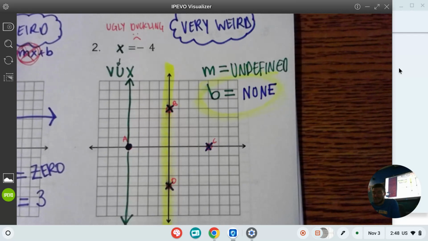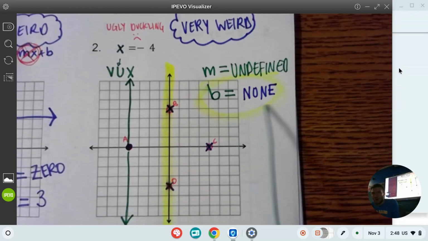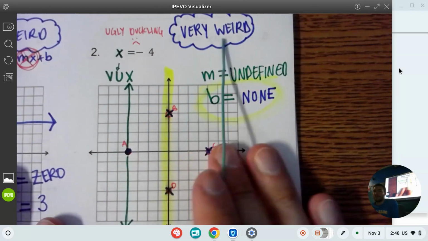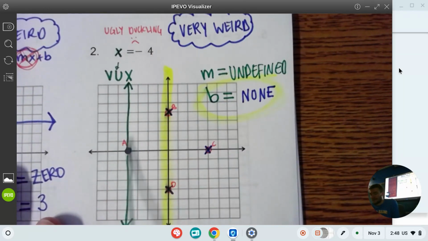If I'm asking you for the B, which is the same as we do for every question, give me the M, give me the B. A vertical graph has no y-intercept. Vertical graphs are very weird. They go straight up and down. They have their first dot on the x-axis instead of the y-axis.